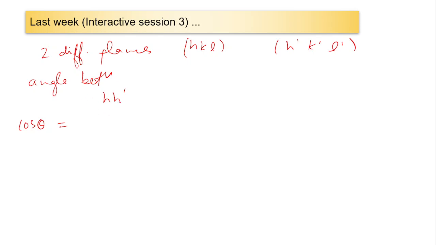So yeah, the formula is h prime a square plus k prime b square plus l prime c square.